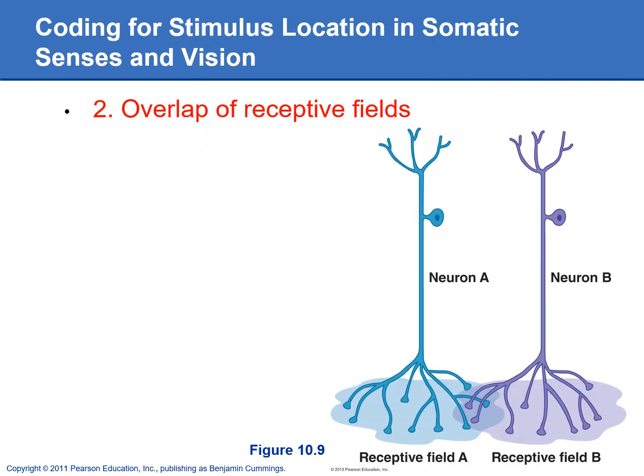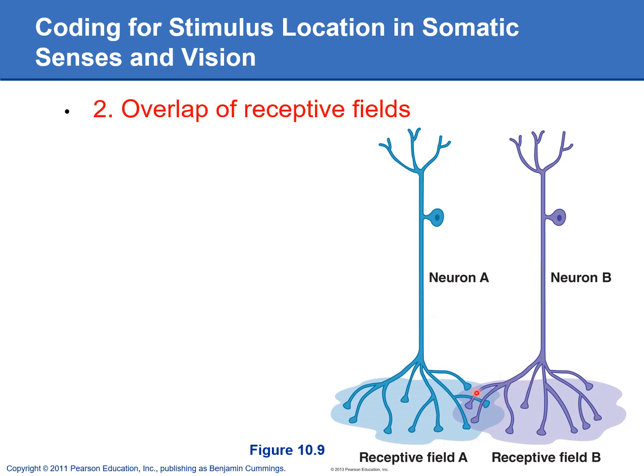Okay, another way that we can help determine where a touch is coming from, its location, will be the overlap of the receptive fields. So for example, if you have 2 sensory neurons in the skin and their receptive fields happen to overlap, and you poke someone with a pencil right in between where those receptive fields overlap, you're going to end up stimulating both of these receptive fields and sending signals at both of these sensory neurons.